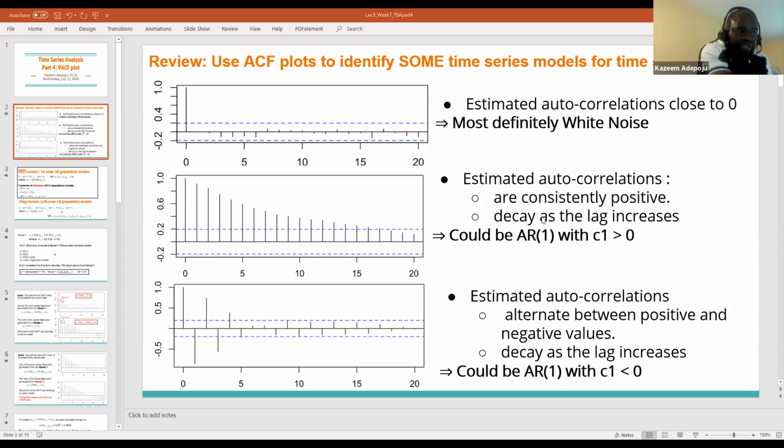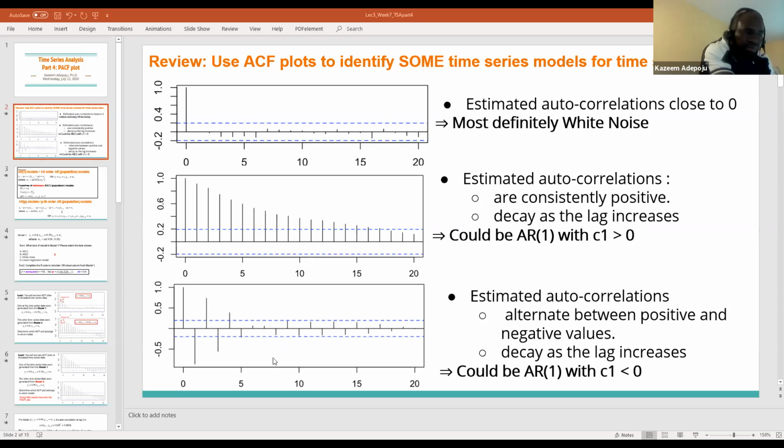So that could be AR(1), and of course, C1 has to be greater than 0. You know what I mean by C1? That's the contribution of the autocorrelation. So that is what this is talking about.